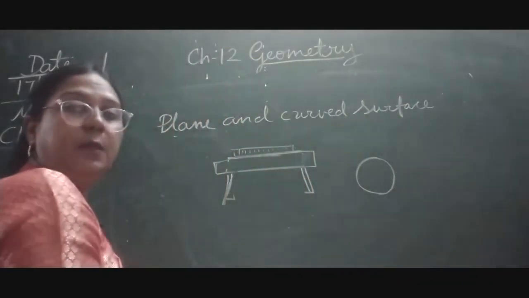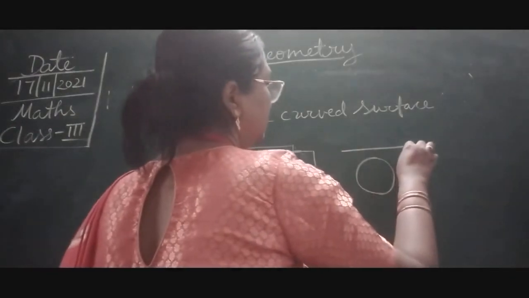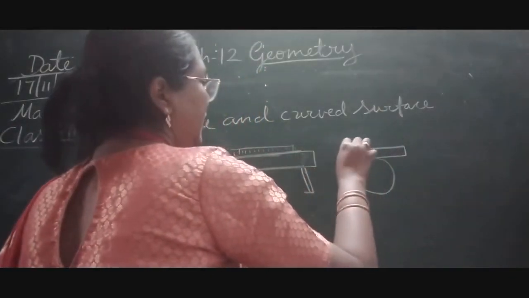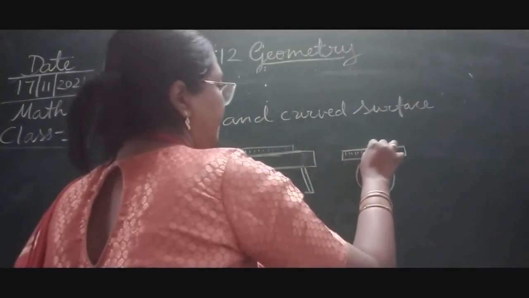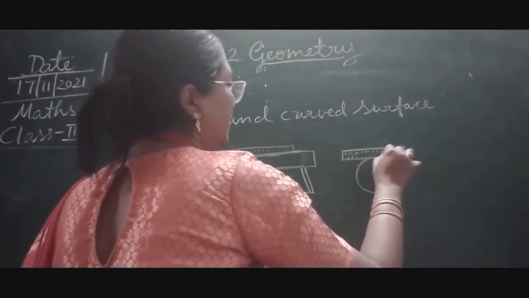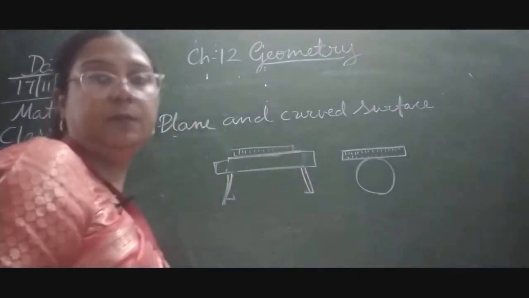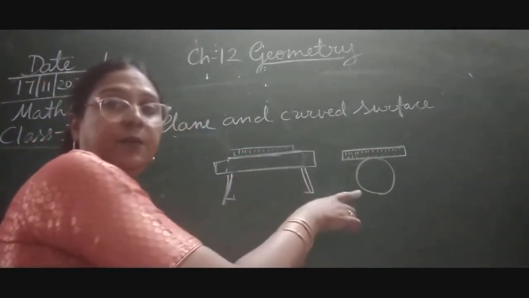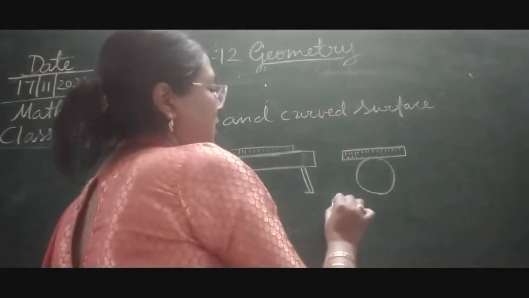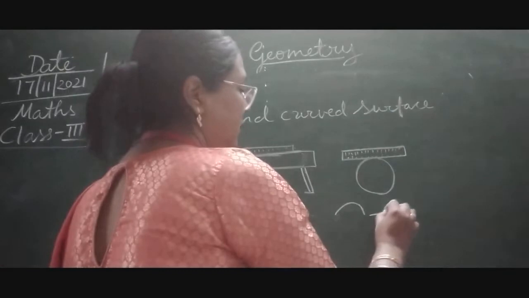Suppose this is a ball, this is a circle, and if you are going to measure this ball with the help of a scale or ruler, you can't measure the correct size of this ball because it is curved. The surface of a ball is curved, so this is called curved.